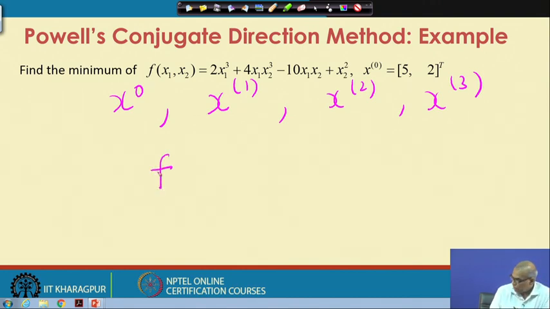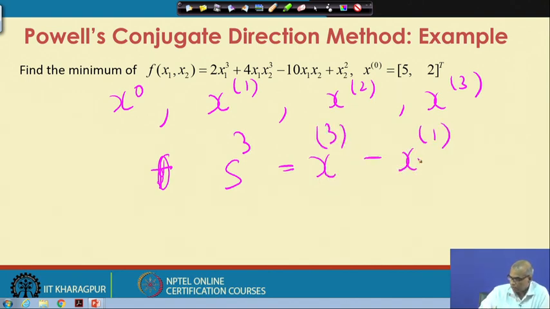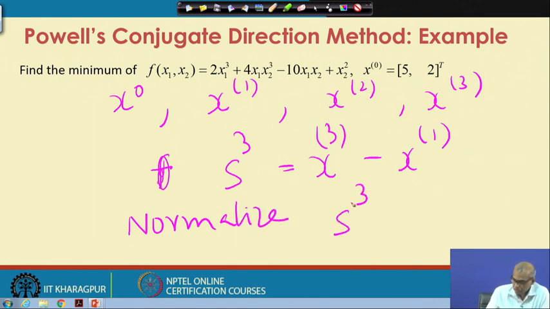I will now obtain the new search direction S 3 as x 3 minus x 1. Then you can normalize S 3.